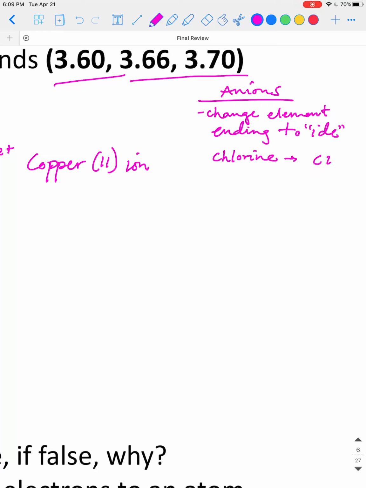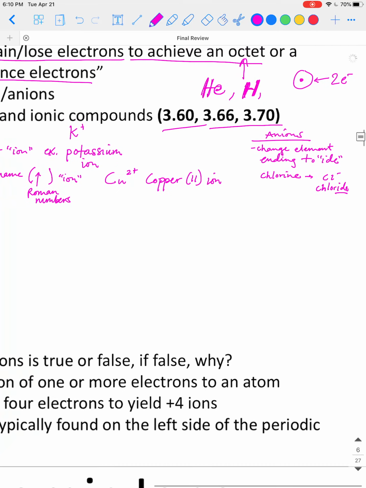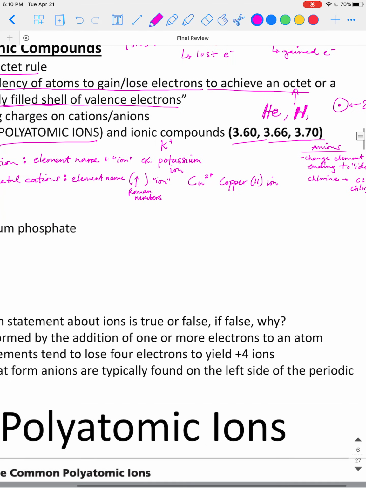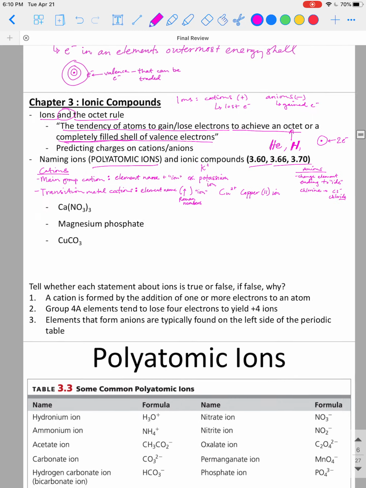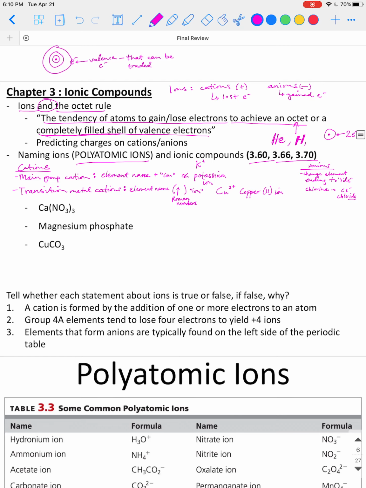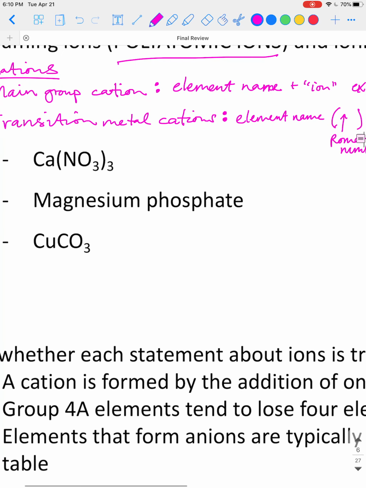For example, instead of chlorine, that's the element, when you become Cl minus, you call that chloride. Anions are pretty simple. Same thing with sulfur and oxygen. It'd be sulfide, oxide, fluoride, bromide, so on and so forth.